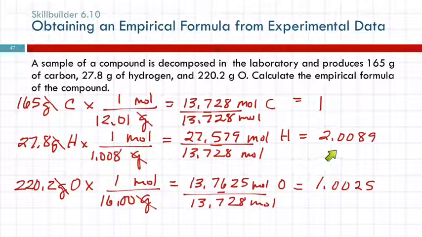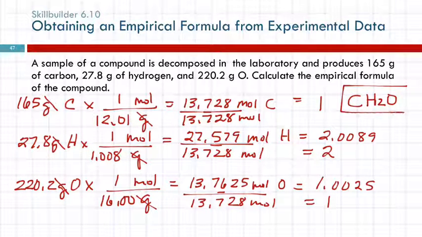And we'll see an example where they don't end up being rounded. So we can call this 2, and we can call this 1. And those are the subscripts for the formula: C1H2O1. And so that's the empirical formula for this compound. Any questions?